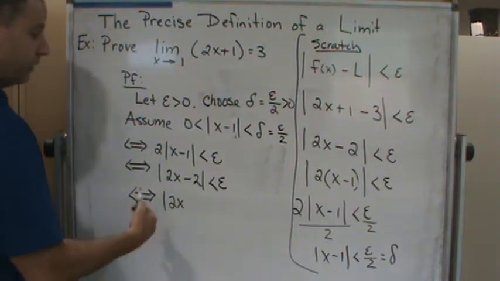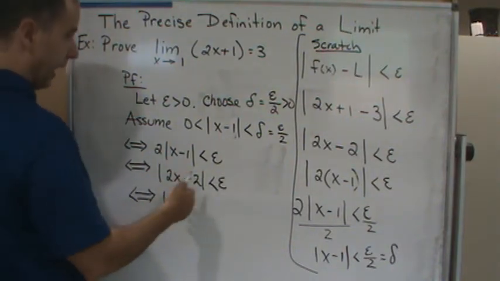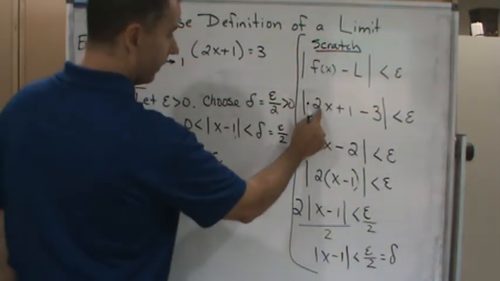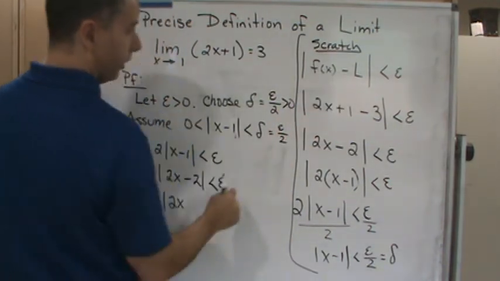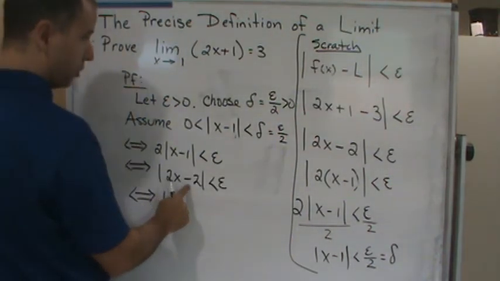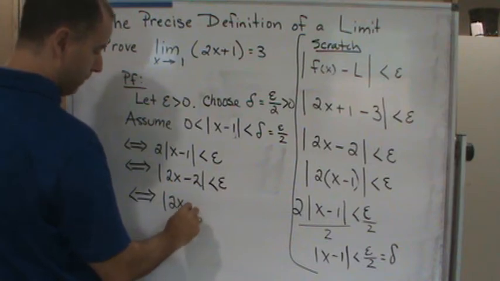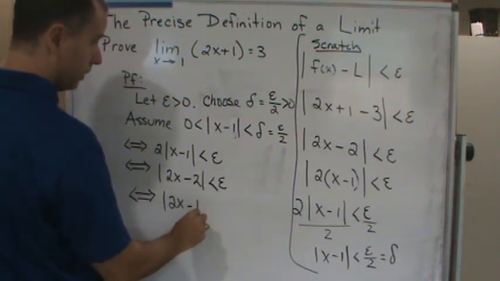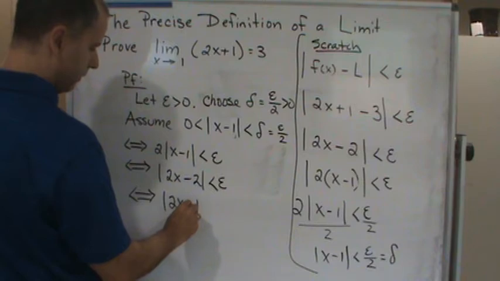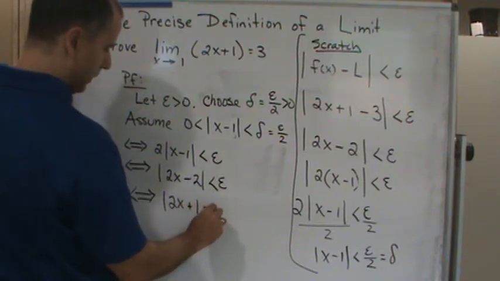Now here's where I'm going to manipulate things, right? I want to get to this, right? Well, I've got minus 2, so now let's just do a plus 1 minus 3.